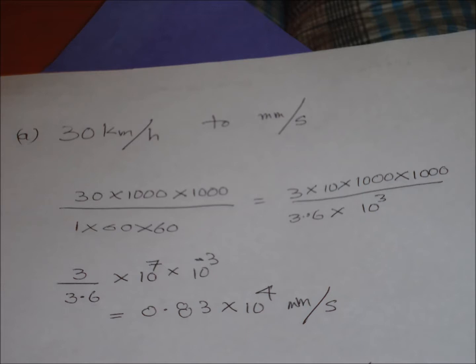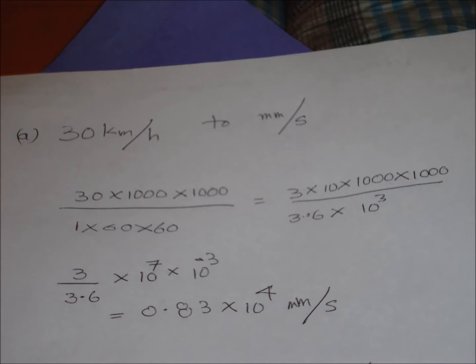So that fraction, 30 kilometers per hour, will become 3 times 10 in place of 30, then 1,000 and 1,000, divided by 60 times 60, which is 3,600, or 3.6 times 1,000. That 1,000 can be expressed as 10 to the 3.